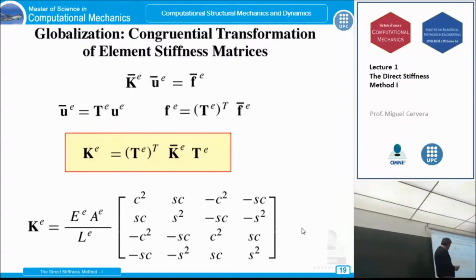And if you do it, you get it directly like this. You see, this is the axial stiffness as before, and here you have cosines and sines put in this way. Which means that knowing the E, the A, the L, and the inclination of a bar, you can directly form the stiffness matrix.